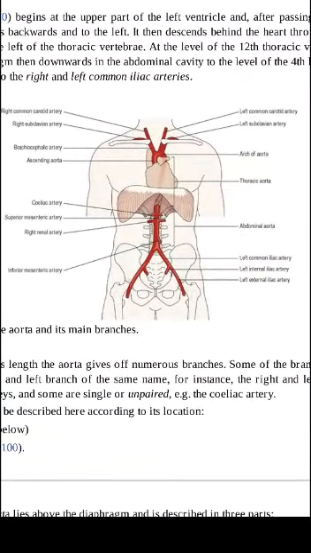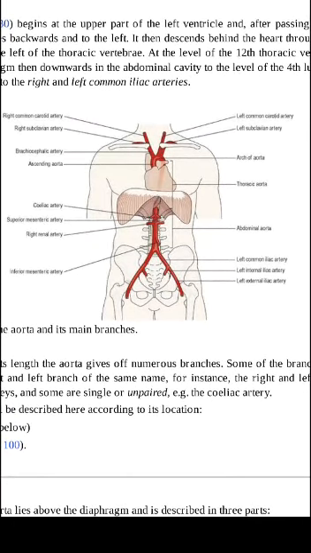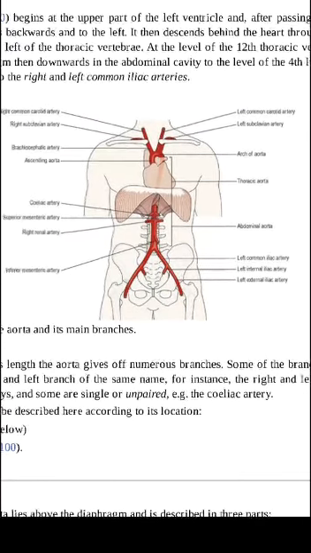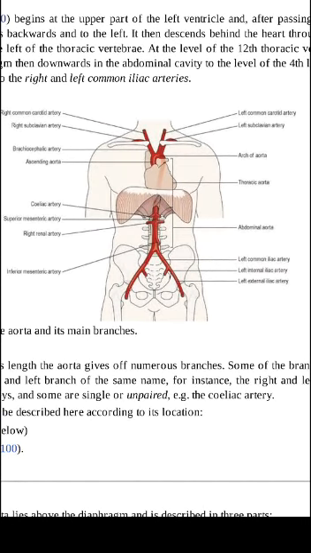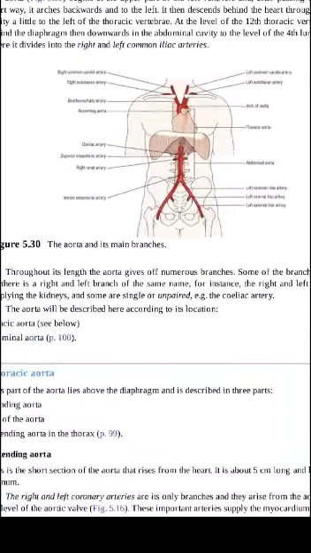Okay, the arch of aorta you can appreciate just behind the upper part of the heart. This arch of aorta is dividing into the brachiocephalic artery. We will read about it later on, and below it, it is further divided into renal arteries at the level of the 12th thoracic vertebra.